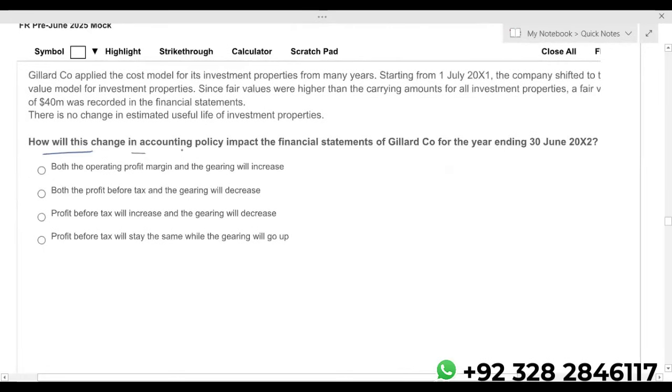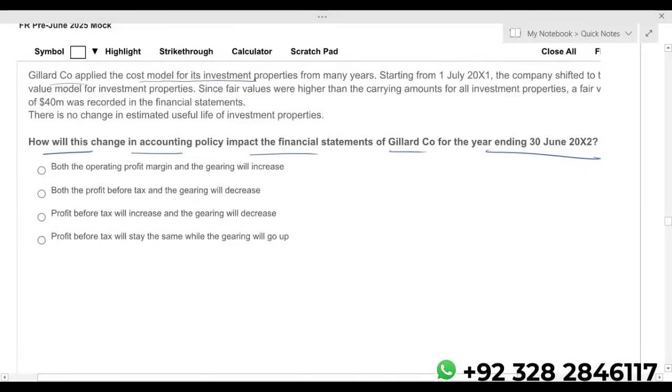How will this change in accounting policy impact the financial statements of Gillard Company for the year ended 30th June X2? Gillard Company applied the cost model for its investment properties. Logically, for investment properties you are allowed the cost as well as the fair value model, but logically you should be using the fair value model because it's your investment.